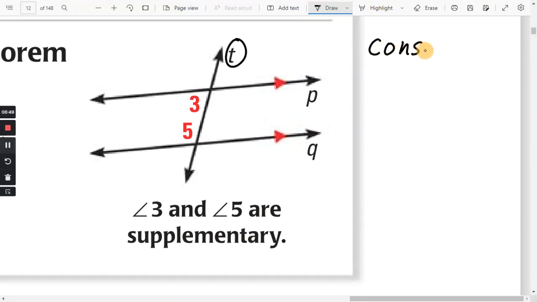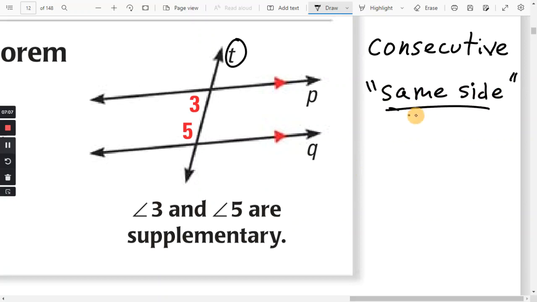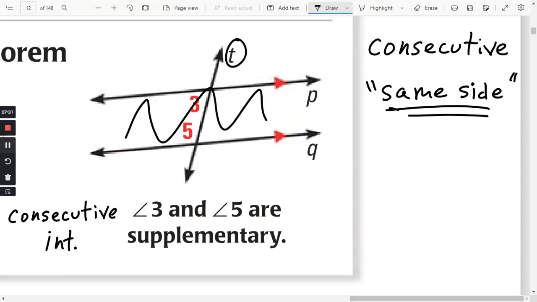what consecutive is basically equivalent to same side. Okay, consecutive is basically same side, not alternate, but same side. Okay, so we said consecutive interior. All right, so consecutive is same side, interior is in between the two lines.